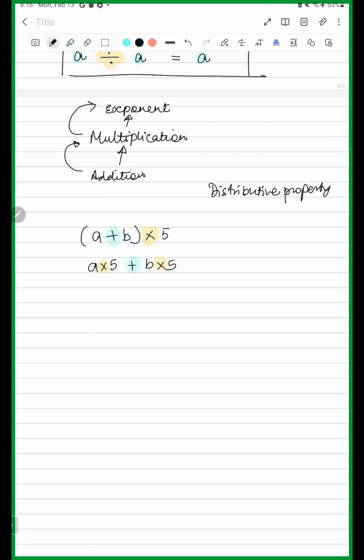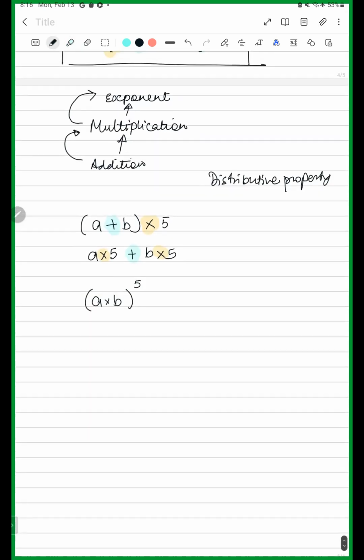Similarly, if you have two things which are being multiplied with each other, like let's say a into b, and they are raised to the power 5, then this is equal to a to the power 5 multiplied by b to the power 5.